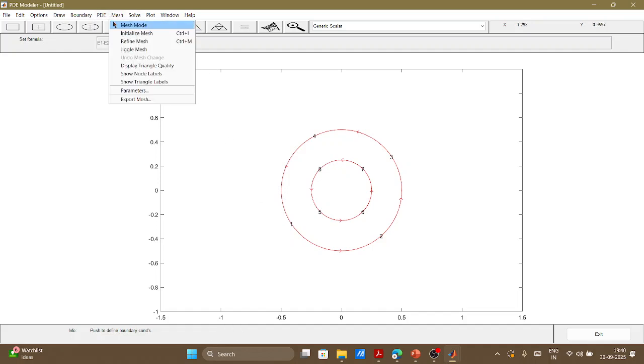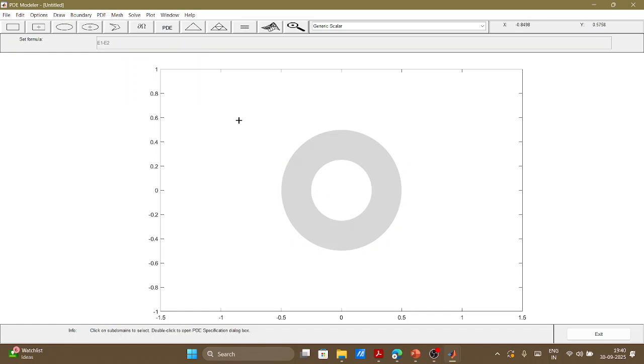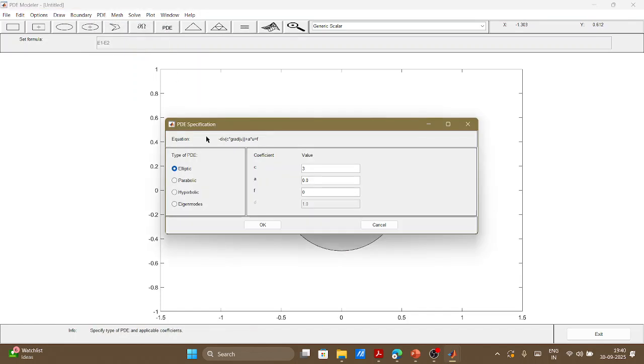Now let me go into the PDE modeler, PDE specification. Again, I am considering a steady state case, right? So that's why my a and f parameters I am keeping at 0. Let's consider the c value as 2 only as of now.